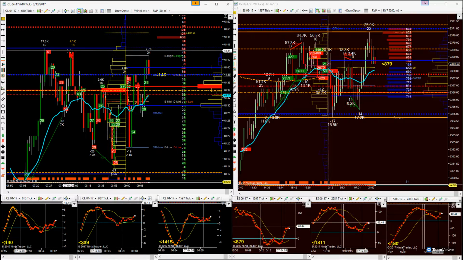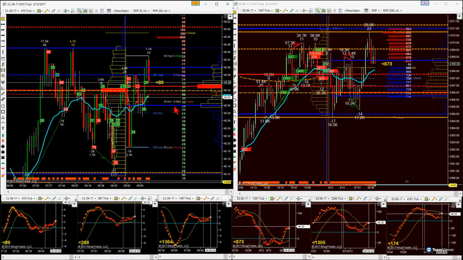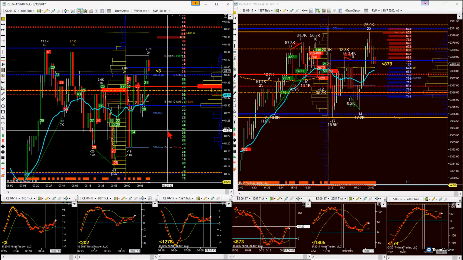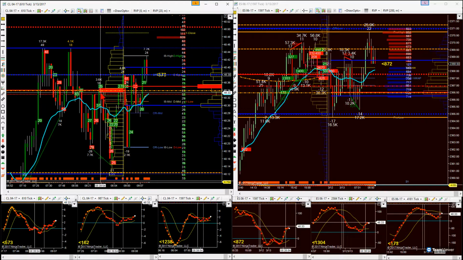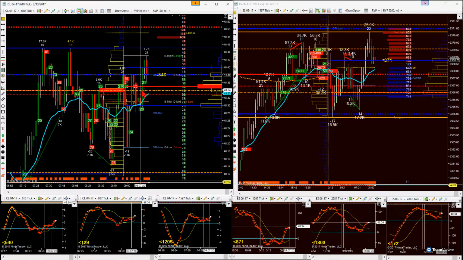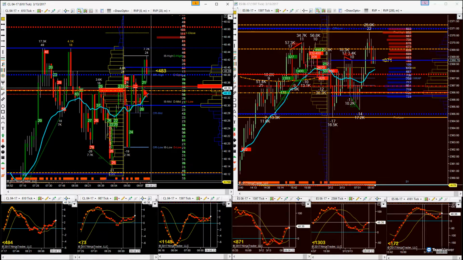We do now have negative divergence off of this last swing high overnight. On the 610 and 987. We do not have any on the 1597. Very, very minor, if any.